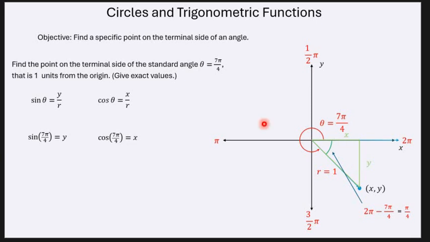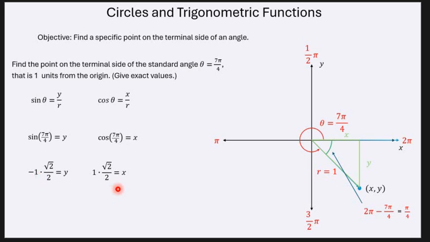That means I can use the sine of a 45-degree angle and the cosine of a 45-degree angle. I just have to make sure that the y value is negative and the x value is positive because I'm in the fourth quadrant. The sine of a 45-degree angle is the square root of 2 over 2, and it should be negative because I'm in the fourth quadrant.